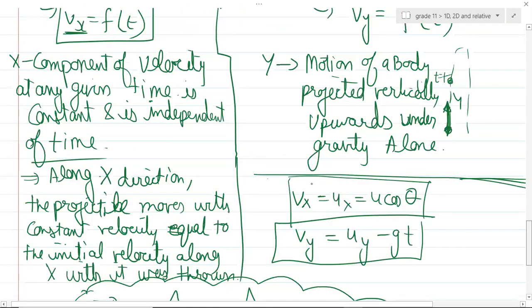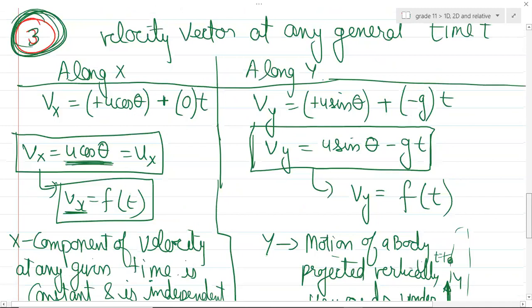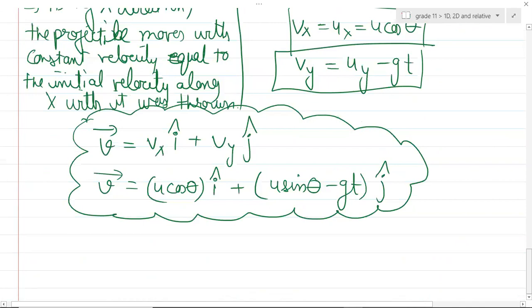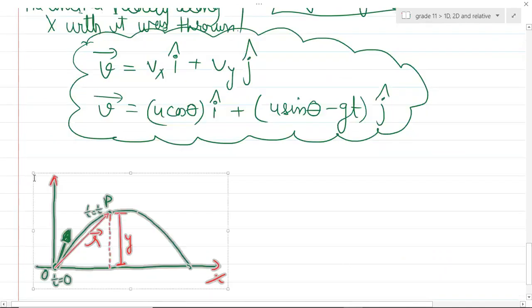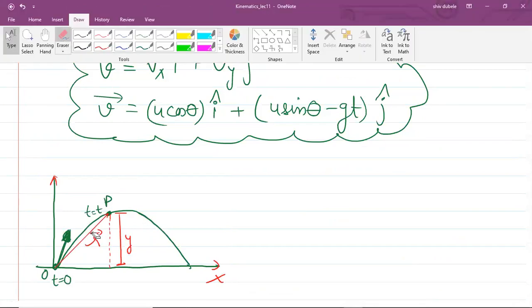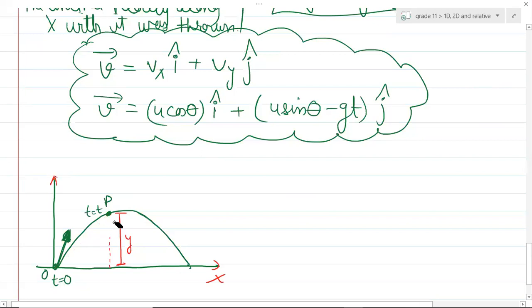So basically with the help of this thing, which vector will you be giving? I'll just draw it again. Done.